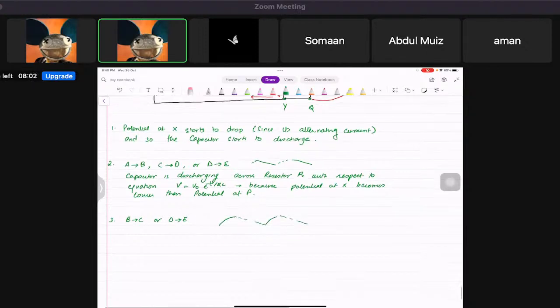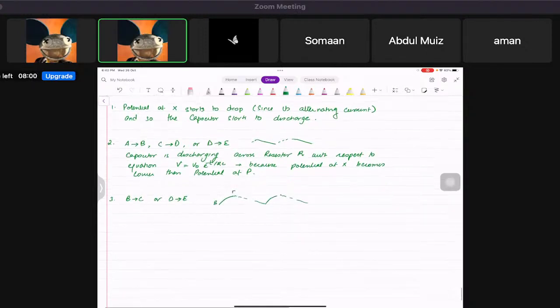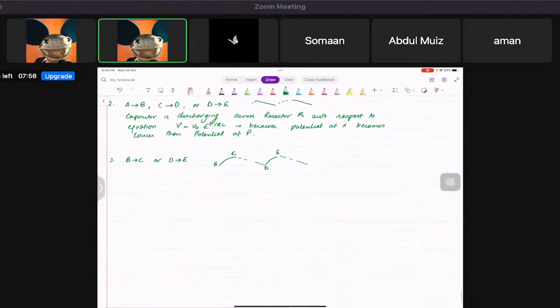So this was B, this was C, this was D, this was E, like that. So he's saying the capacitor starts to charge up. Is it clear, everyone?